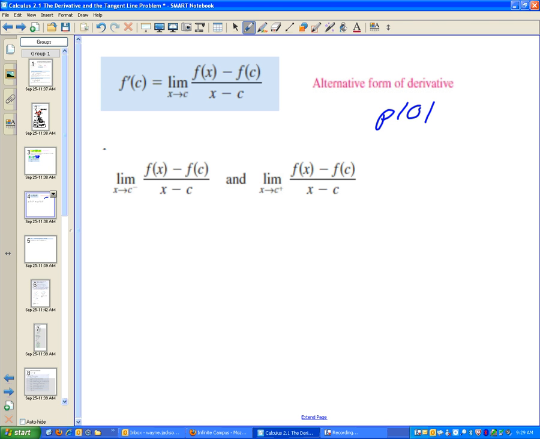F prime of c. Now, this alternative form of the derivative, f prime of c. c is not a variable. Okay, c is a number. So this form of the derivative gives you an actual number when you're finished as opposed to a formula.